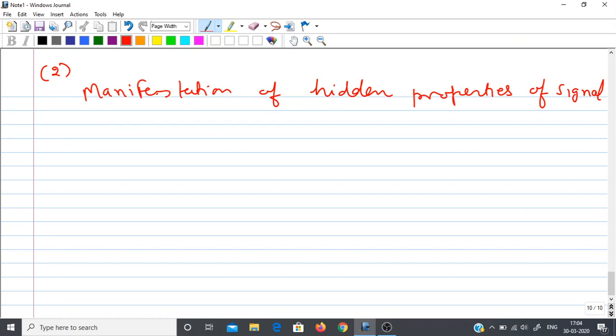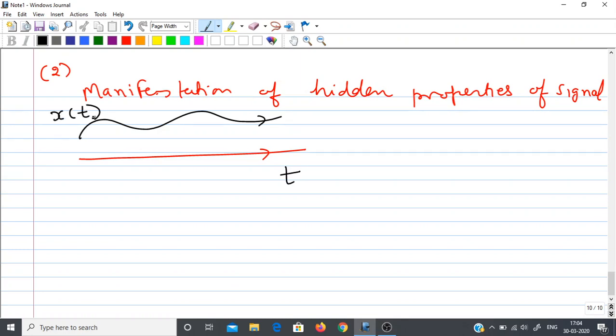For example, if I give you some signal in time domain, let's say the original domain is time domain. This is the signal. It is given in the time domain. Or you are looking at this signal on a CRO, cathode ray oscilloscope. And if somebody asks you what is the bandwidth of the signal, then it would be very difficult for you to answer about the bandwidth of the signal just looking at the time domain representation of the signal.